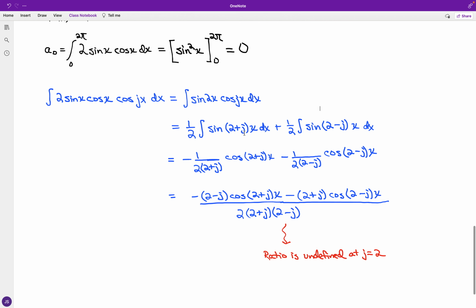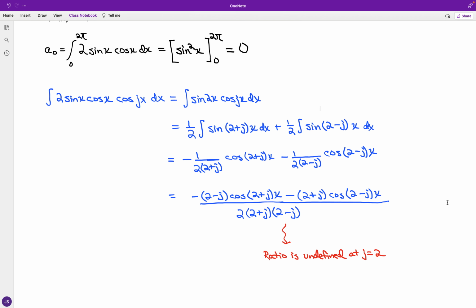So for 1/2 of the integral of the sine of the quantity 2 plus j times x dx, we're going to have negative 1/2 of the reciprocal of 2 plus j times the cosine of 2 plus j times x. And with the other antiderivative, we have negative 1/2 of the reciprocal of 2 minus j times the cosine of the quantity 2 minus j times x.